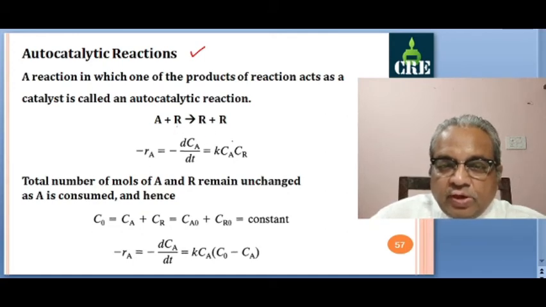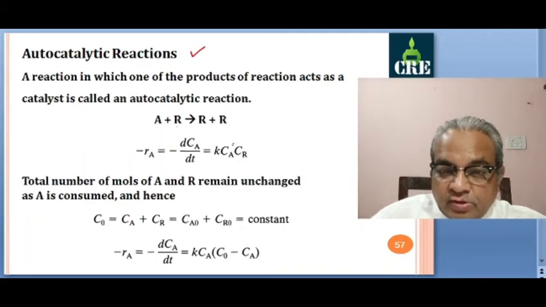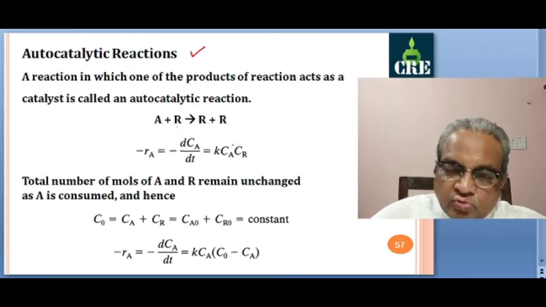It is first order with respect to A and first order with respect to R, the catalyst. This we are considering, that the kinetics is this. The kinetics can be different, with Ca raised to a, Cr raised to r, and if you know those values, then you can analyze.